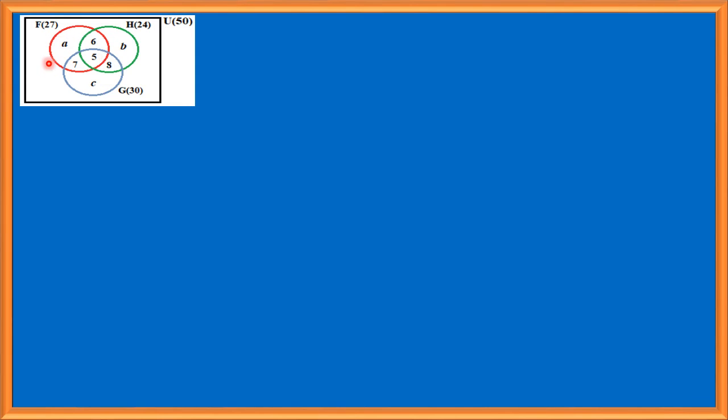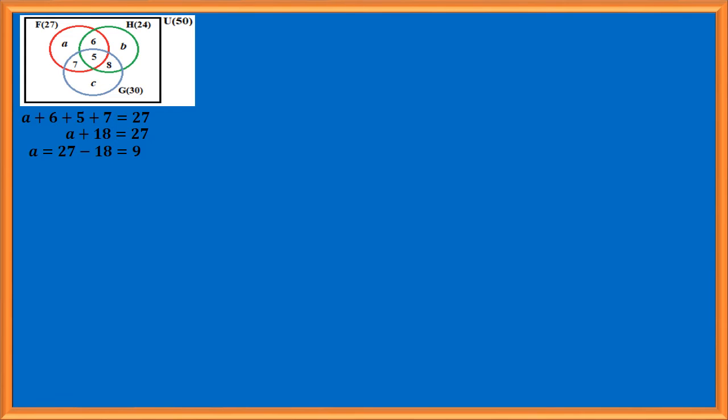So for the first circle, the red circle, we have A plus 6 plus 5 plus 7, and that should give us 27. Grouping your like terms, A plus 18 will be 27. That gives us A to be 27 minus 18, which is equal to 9.